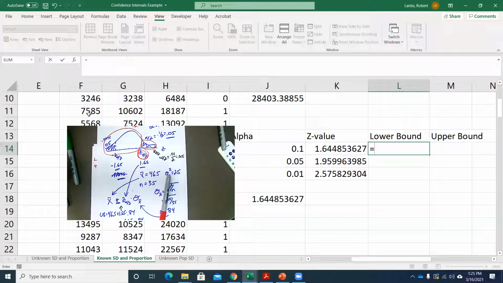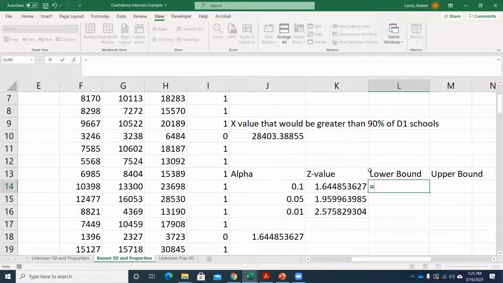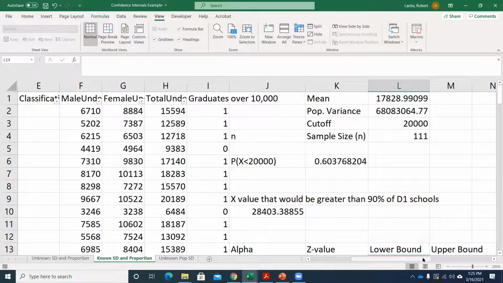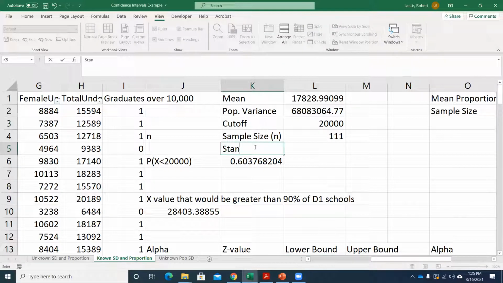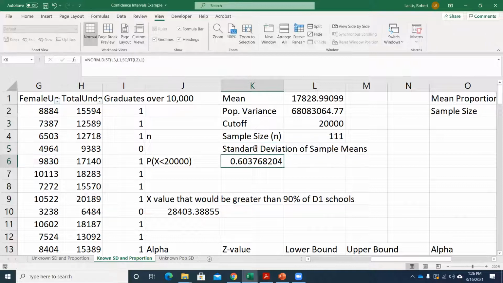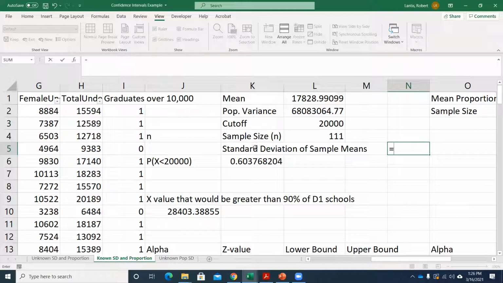So what I'm going to do is up here, I have the variance on the original variable I sampled from. So I'm going to, in this cell, put standard deviation of sample means. Okay. It's going to be over here just so we can kind of see that label.